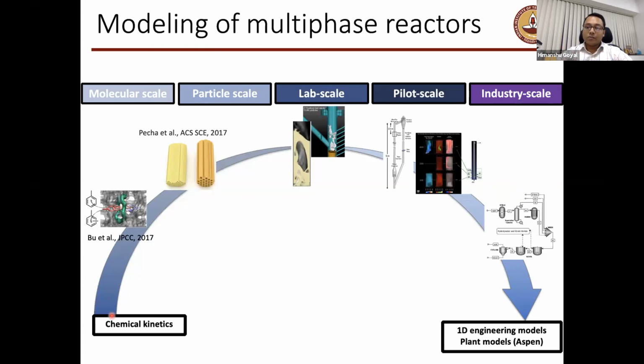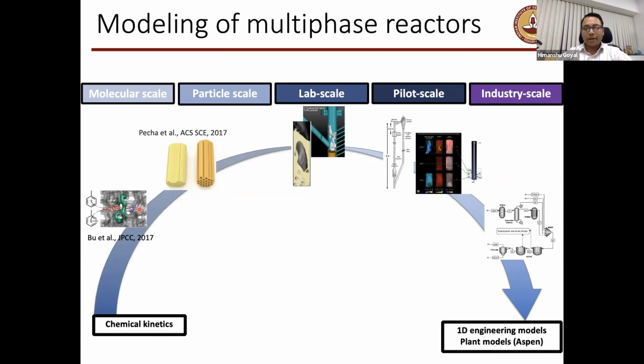So that data, which is generated by DFT simulations or molecular dynamics, is used to come up with some of the parameters which are needed for these continuum level simulations. For example, in chemical kinetics, we need Arrhenius parameters that can be obtained from these atomic scale simulations.